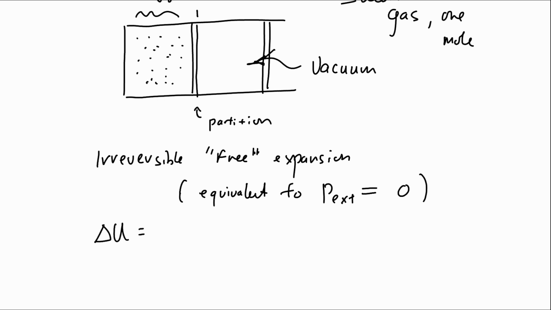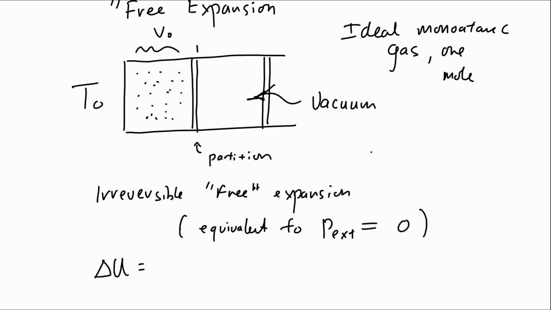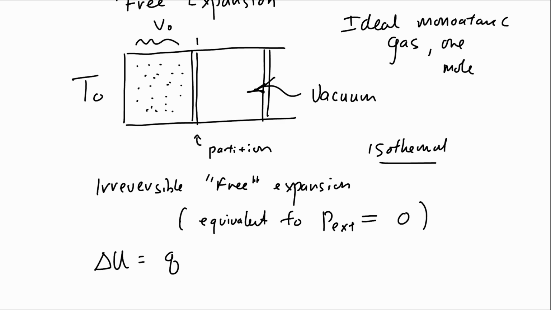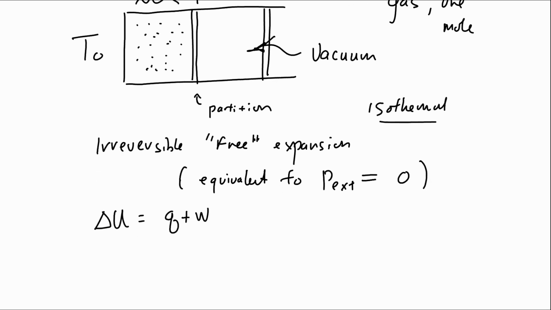Delta U, and we have a constant. We'll do it isothermal. So delta U is going to be equal to Q plus W. What is the work? Zero. There's no work done.